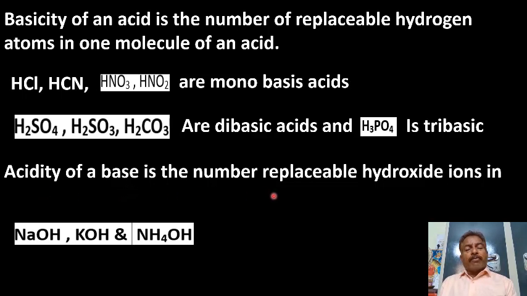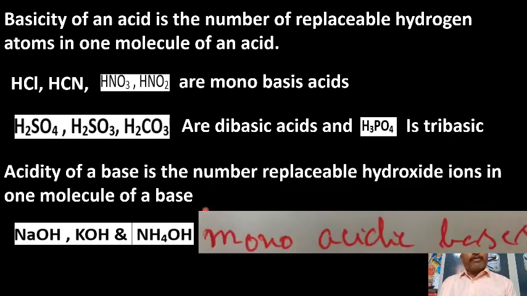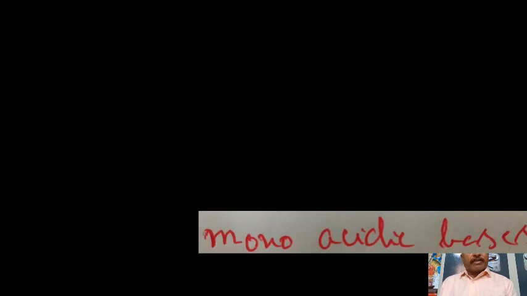Acidity of a base is the number of replaceable hydroxide ions in one molecule of a base. NaOH, KOH and NH4OH are monoacidic, and Ca(OH)2 and Ba(OH)2 are diacidic.